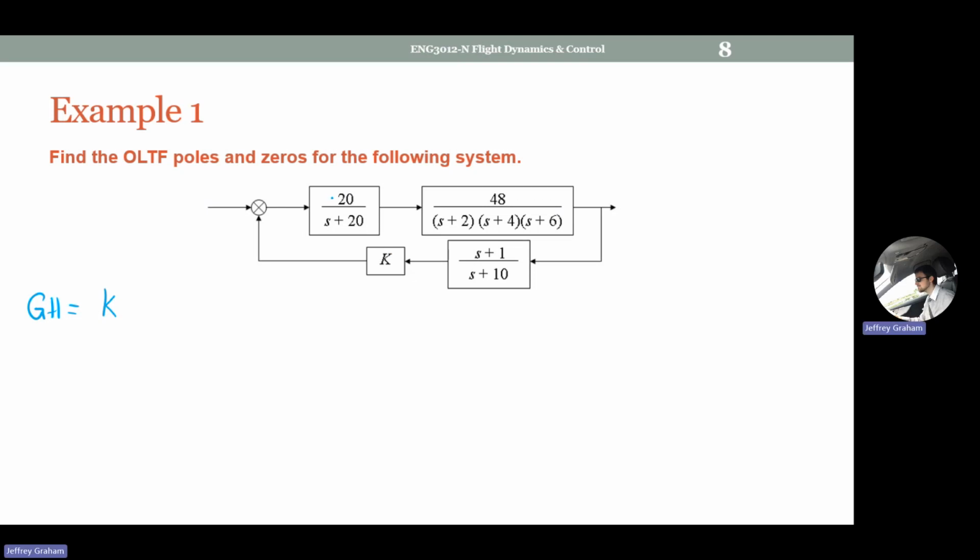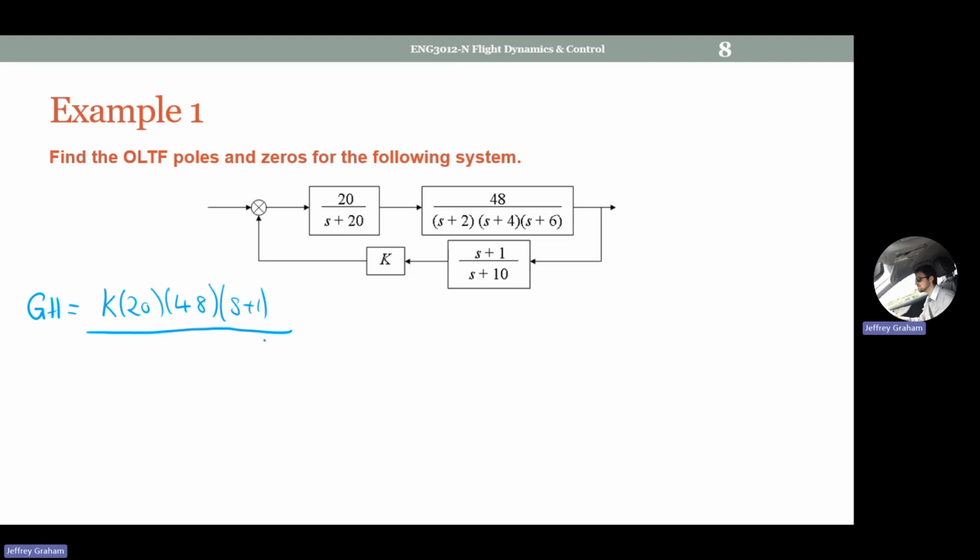Obtaining all the numerators or values on top in each individual block, we get 20, 48, S plus 1, and then we're back to the start.